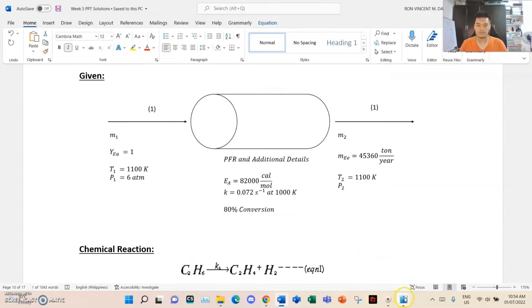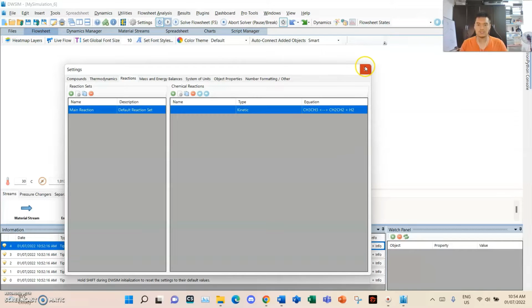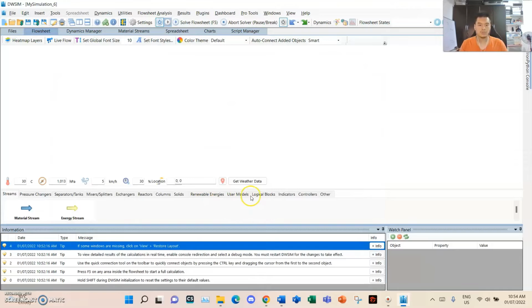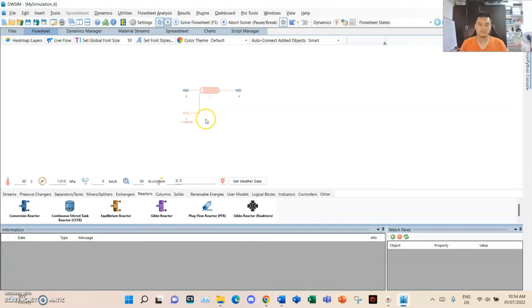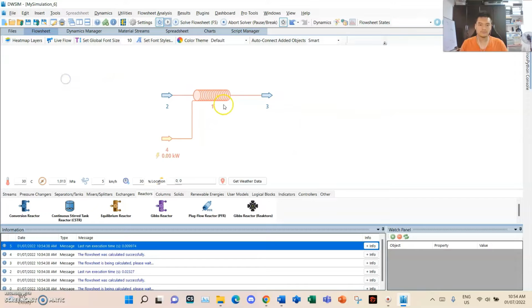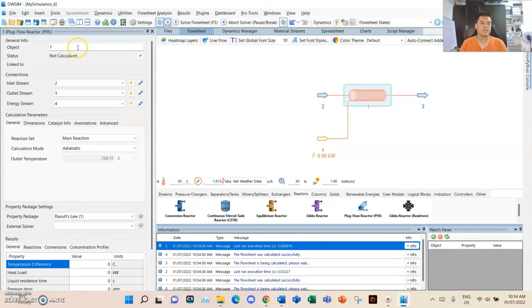We'll go back to the simulator, click exit, and then we'll go to reactors, PFR. And then we'll rename this as PFR. Oops, sorry, add an additional P.